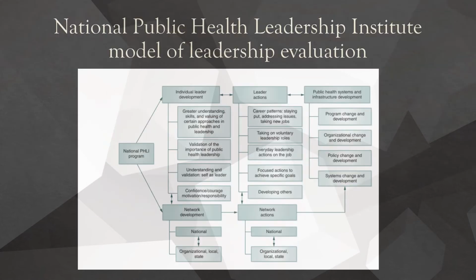Here is the diagram for the National Public Health Leadership Institute model of leadership evaluation. Clearly you can see that this is more detail-oriented. There are more things that go along with each of these aspects. It focuses on the individual leader development, where you can see the greater understanding, skills, and valuing of certain approaches in public health and leadership, as well as multiple other bullet points.